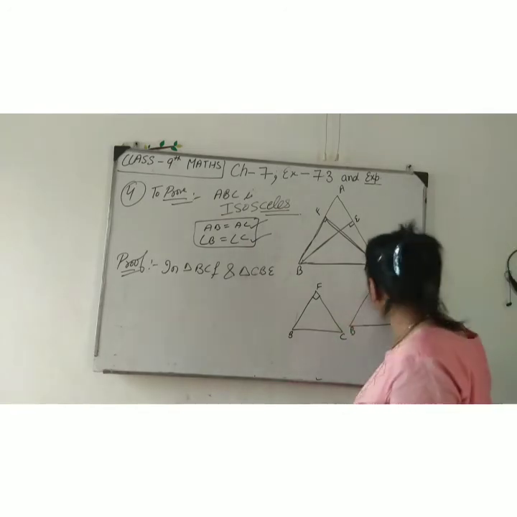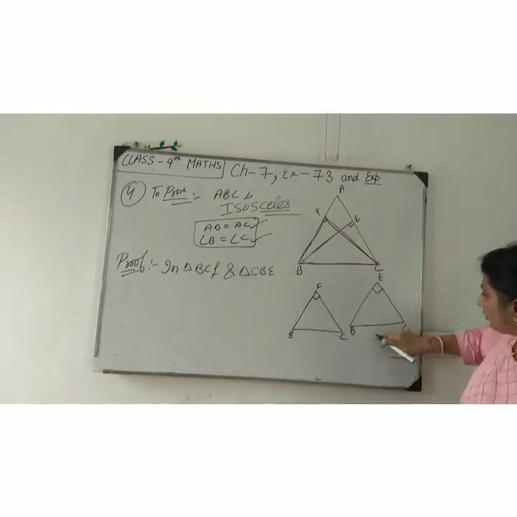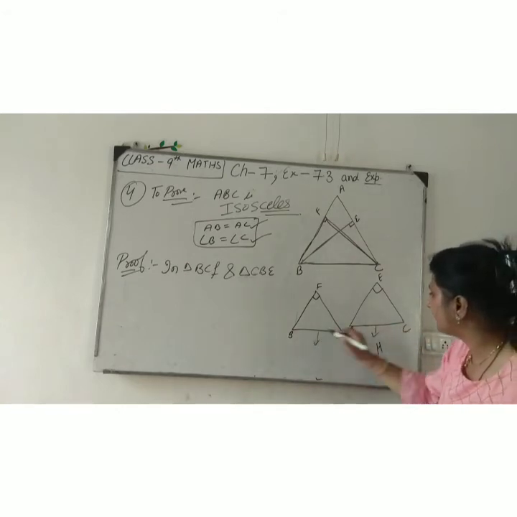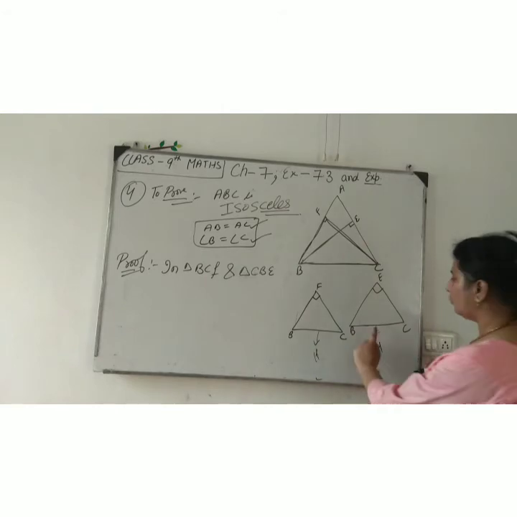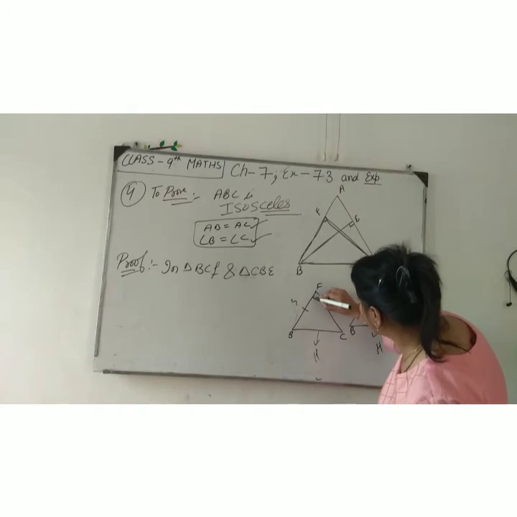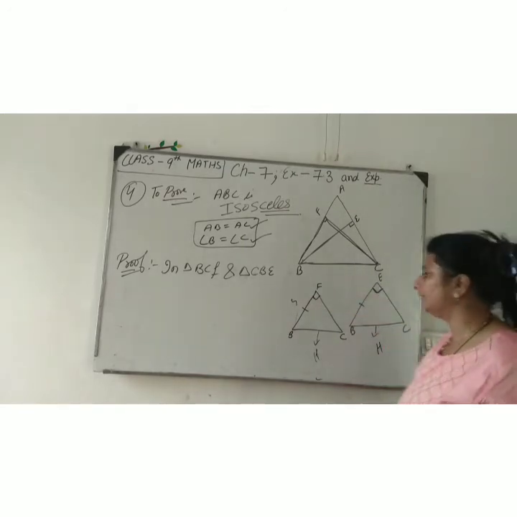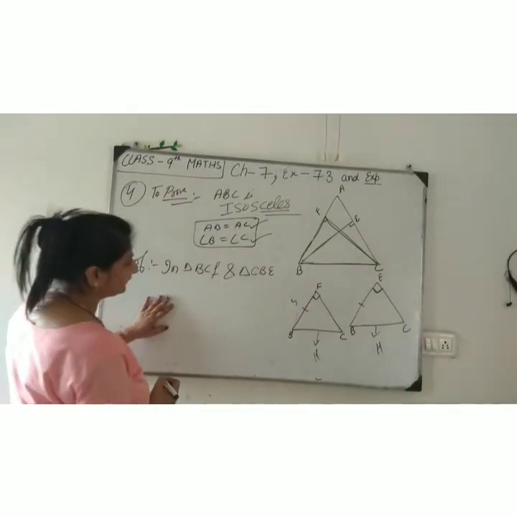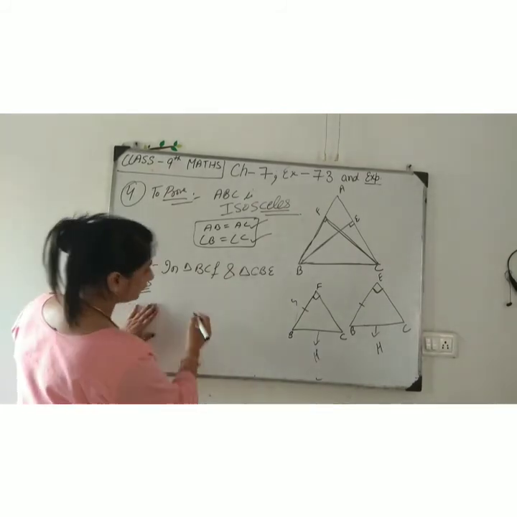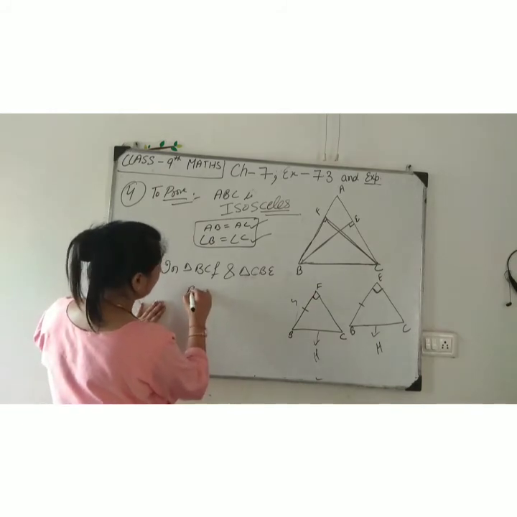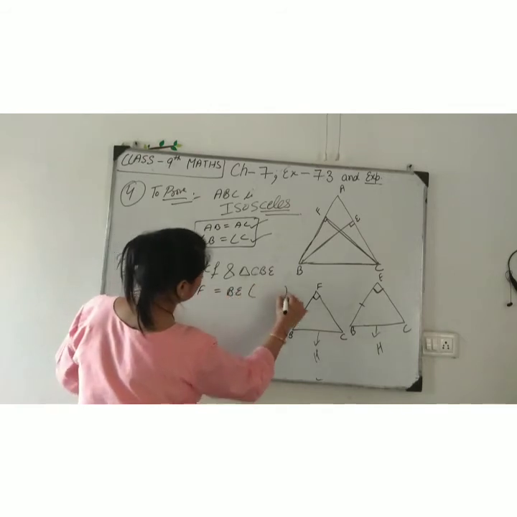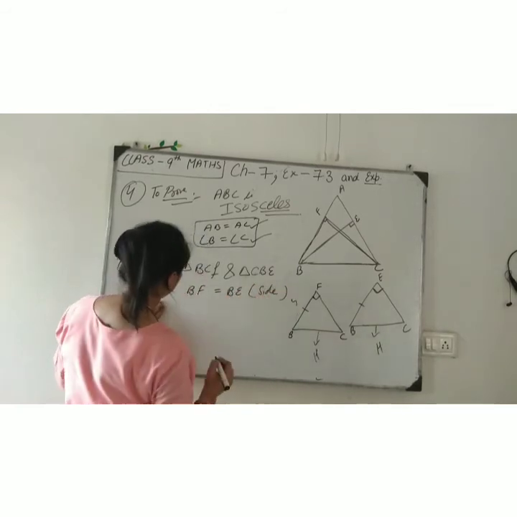Here, first, the side in front of the right angle is called the hypotenuse. And this one is called a side, and this one is called 90 degrees. Clear? So start. RHS, right angle hypotenuse side. First, what do you write here? BF equal to BE, reason: side of the triangle.